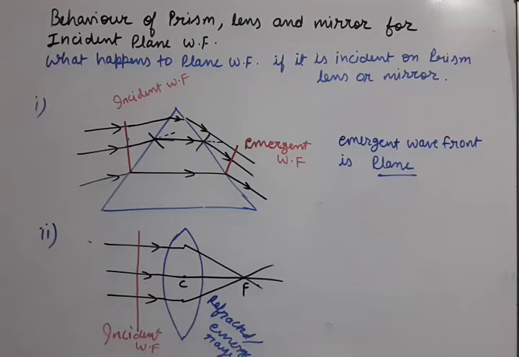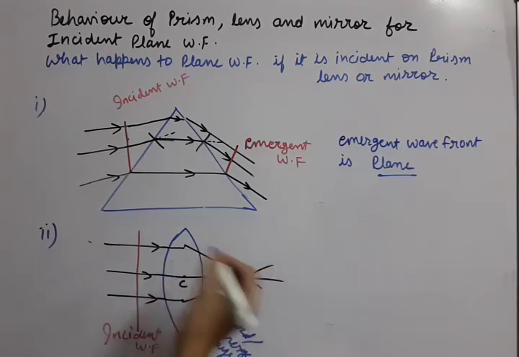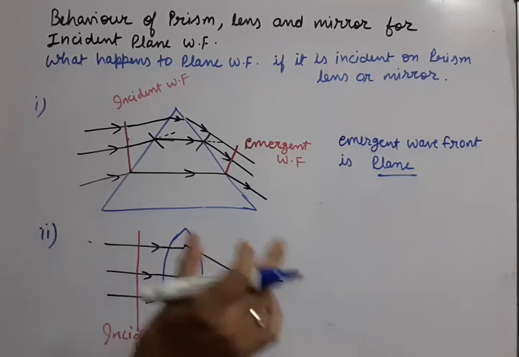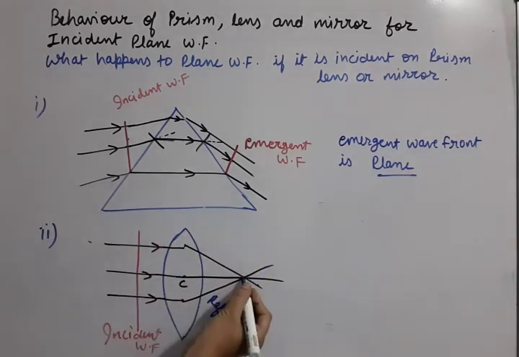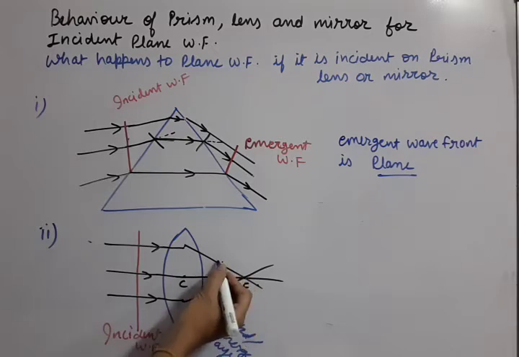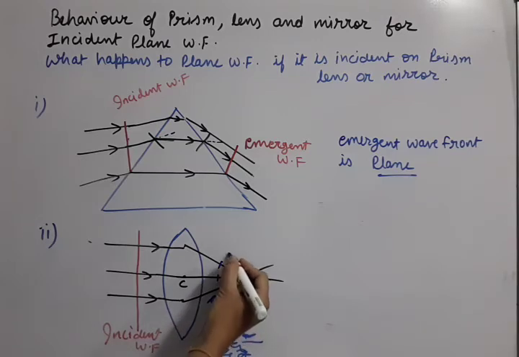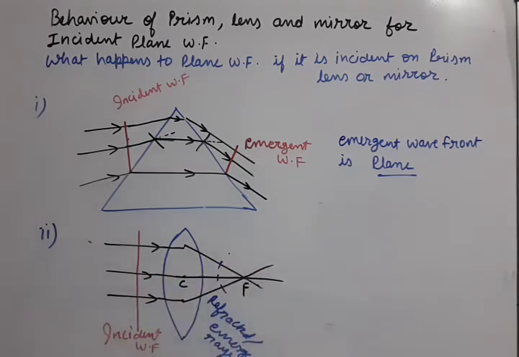So we know कैसे बनाना है wavefront. ये हमारा हुआ point source, ओके, जहां से rays emerge हो रही हैं. तो ये point source है. Point source से कैसा wavefront बनता है? तो wavefront का meaning होता है locus of all those points which are in phase. So point source के लिए वो सारे points जो equal distance पर हैं वो in phase होंगे. तो equal distance पे 0.1, 0.2, 0.3. That means the emergent wavefront is spherical in shape.